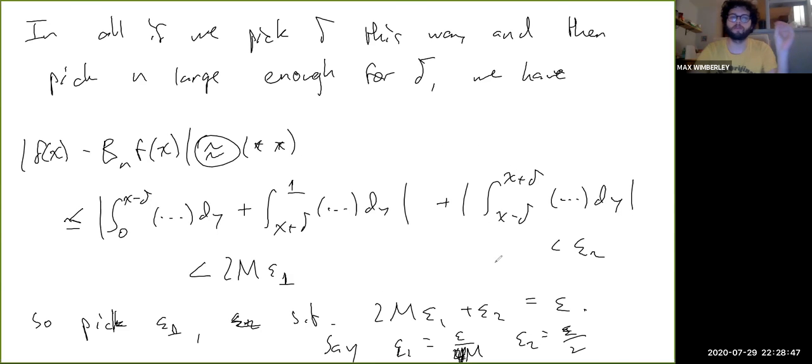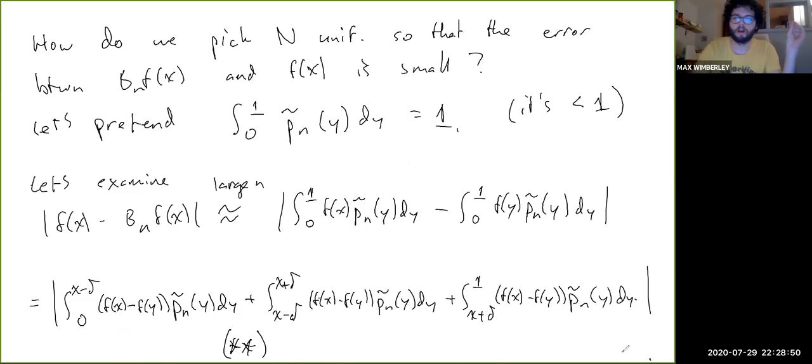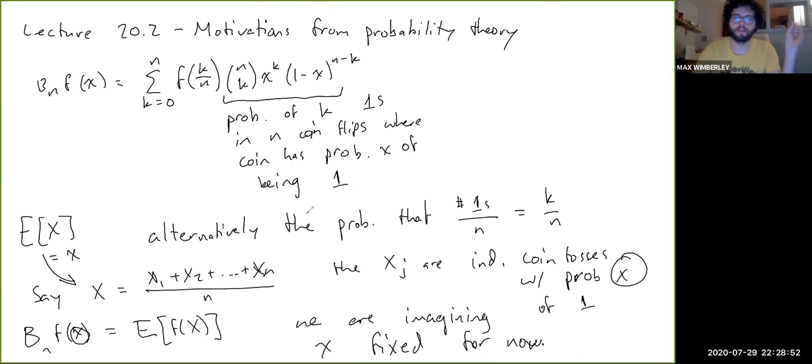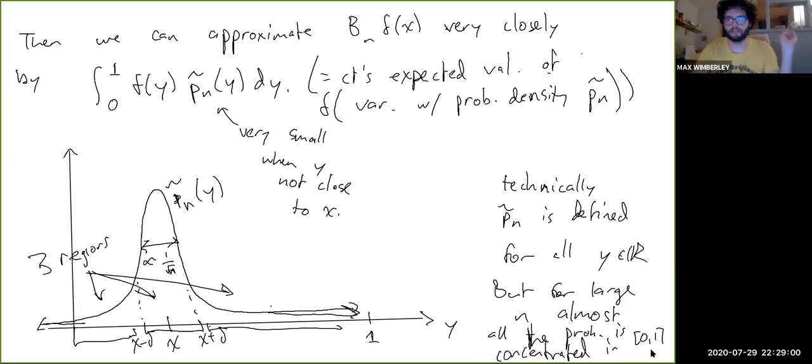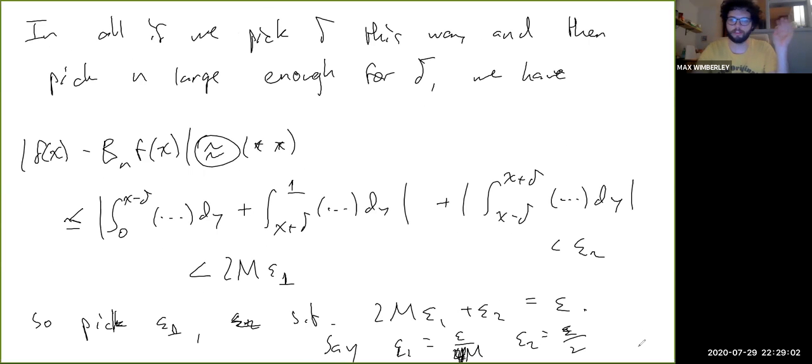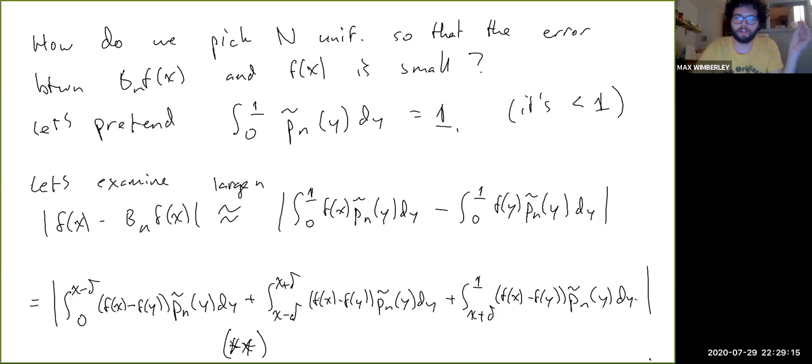The only thing we also haven't dealt with is that, early on, we made this assumption that x is not too close to 0 or 1, but you can deal with that separately, by invoking continuity of Bn f and saying that as n gets very large, the approximation works.